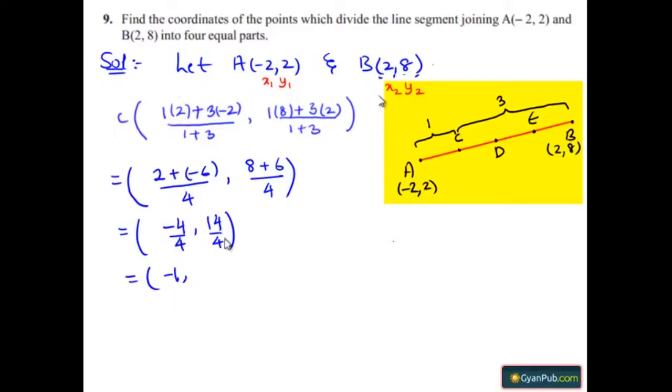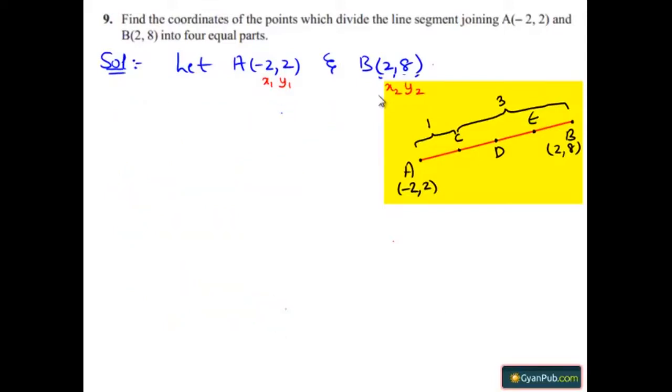Here 2 is a common factor for both numerator and denominator, so 2 goes in 4 2 times, 2 goes in 14 7 times. Hence, the coordinates of the point C will be minus 1, 7 by 2.